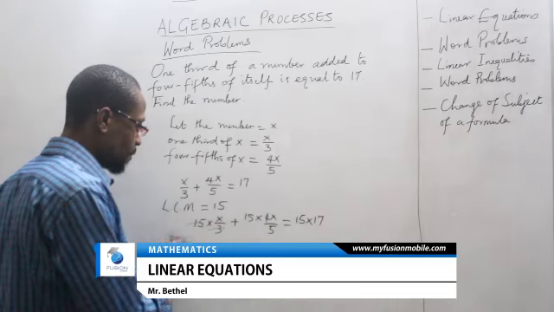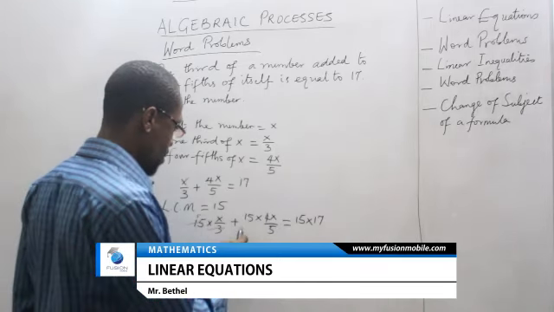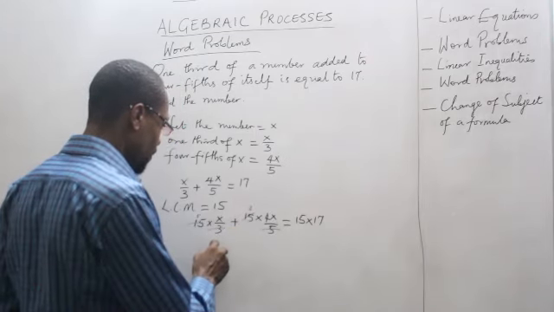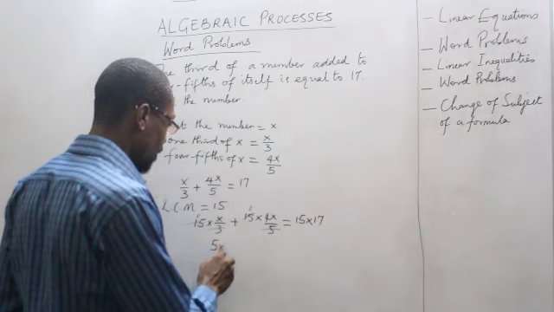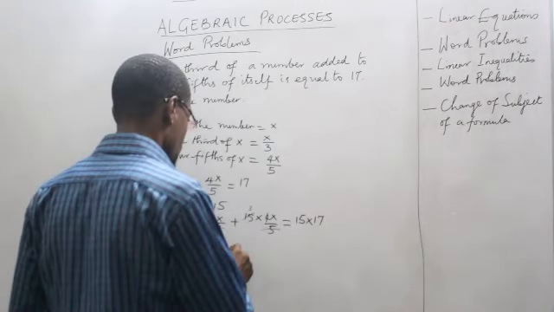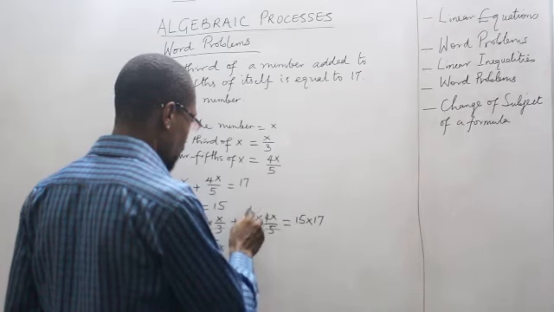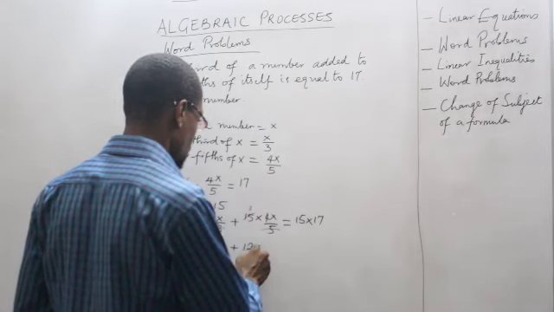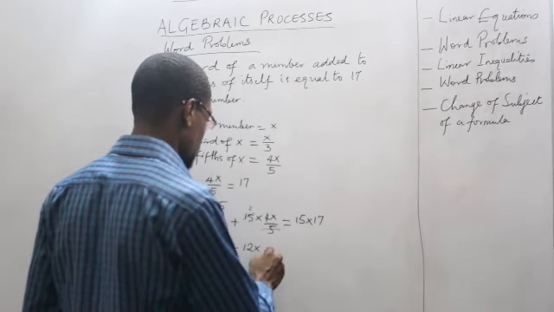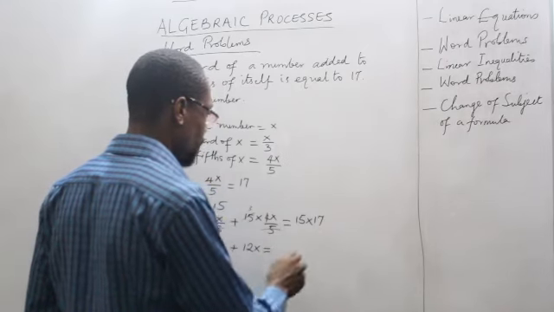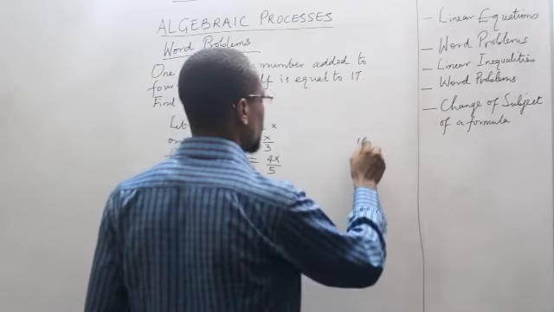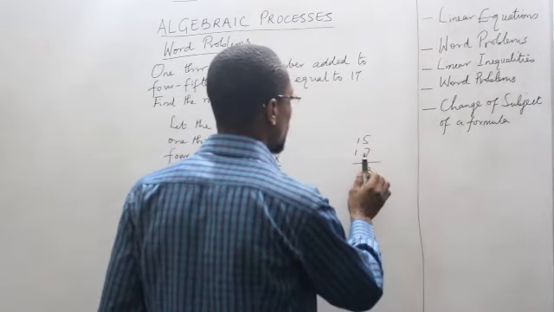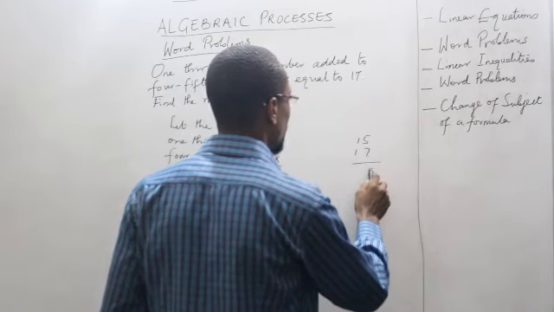Of course, 3 will cancel 15 to give us 5 here. 5 will cancel 15 to give us 3 here. So we have 5x plus 3 times 4 is 12x to be equal to 15 times 17. 15 times 17, that's 35.